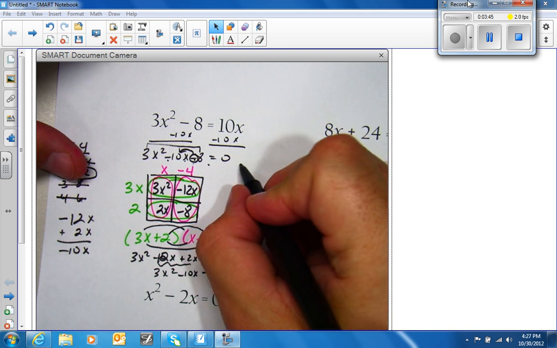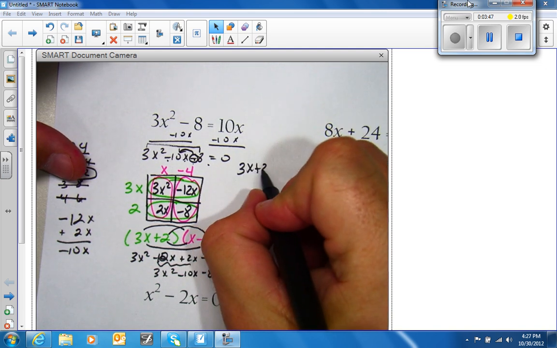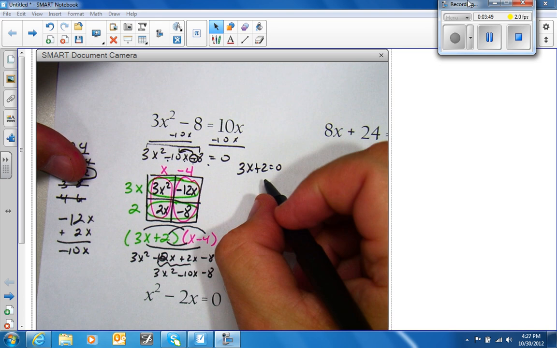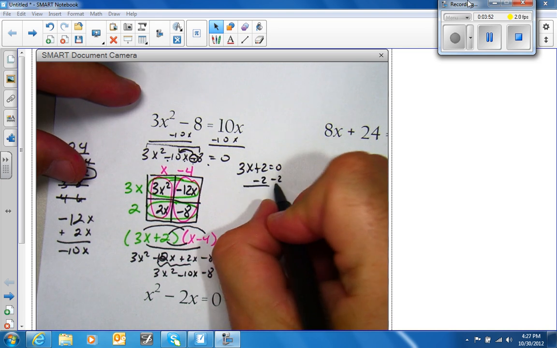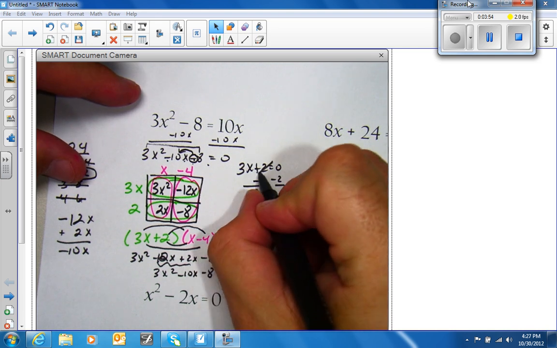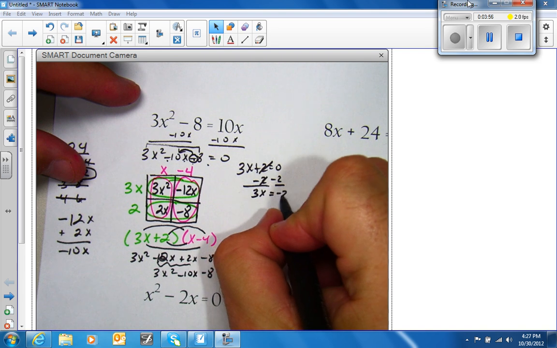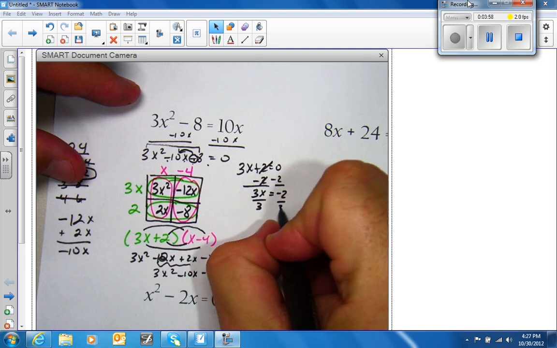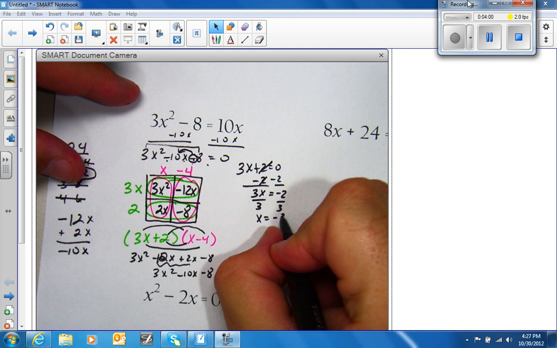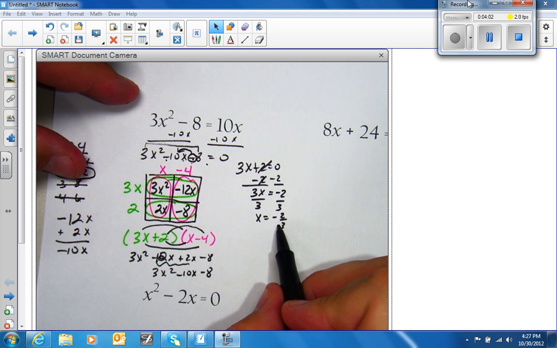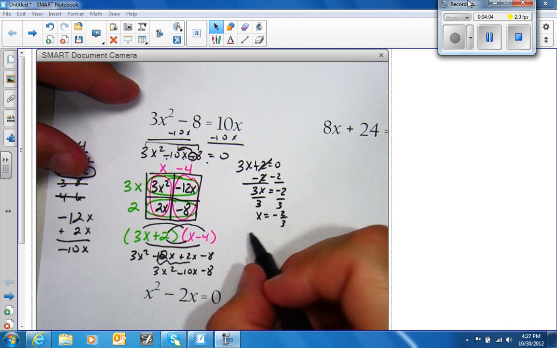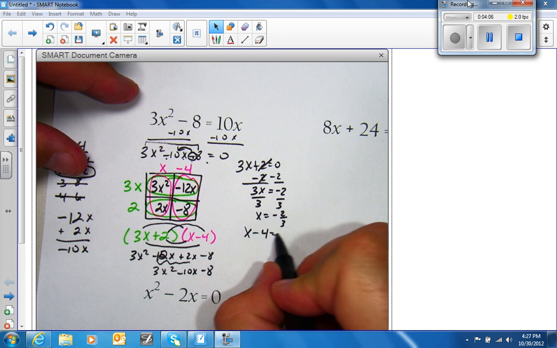Take both factors, 3x plus 2, and put them equal to 0. Minus 2, minus 2. Bring down your 3x. Divide by 3. And x equals negative 2/3. This is one of our roots. Do the same thing with the other one. x minus 4 equals 0.